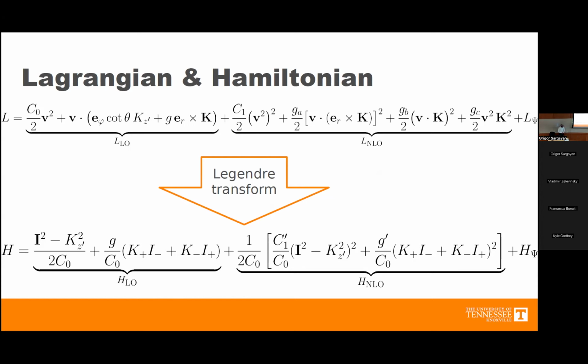But we're essentially looking at it almost like a black box, right? We don't know precisely how this stretching occurs, but we know that the stretching is not leading order strong. So we say that there's no stretching at leading order.